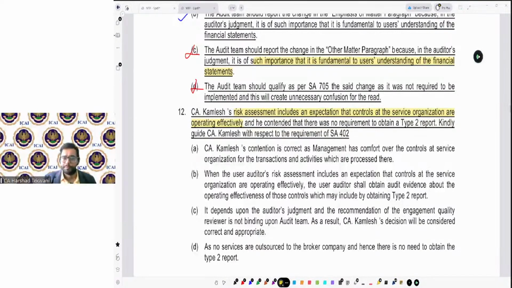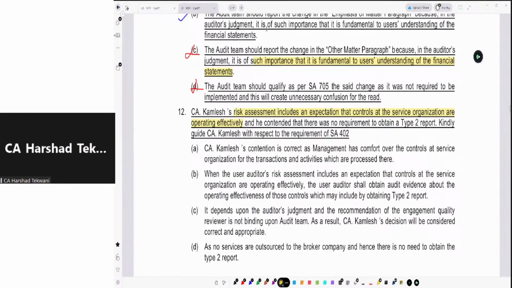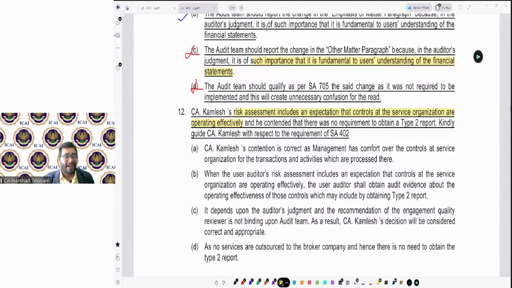Come on, guys. Let's say, for example, in the current scenario, I say I don't want a type 2 report. Is it fine? Is not obtaining a type 2 report fine or not?